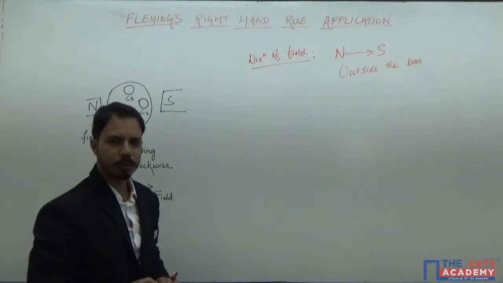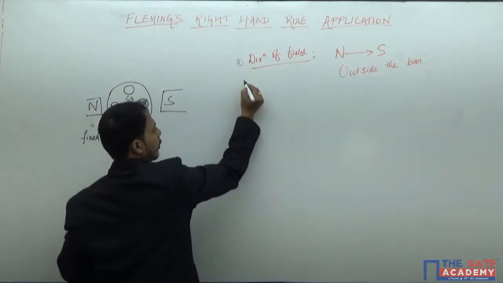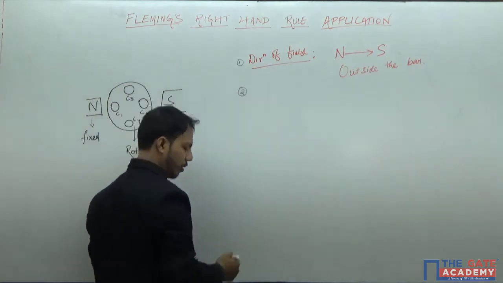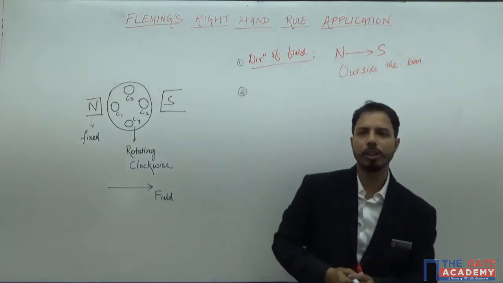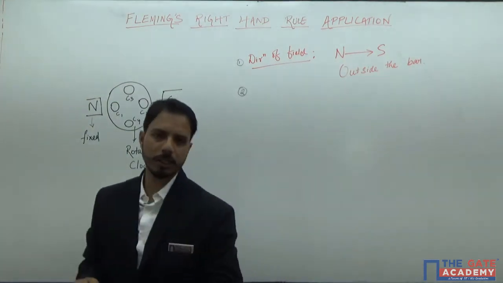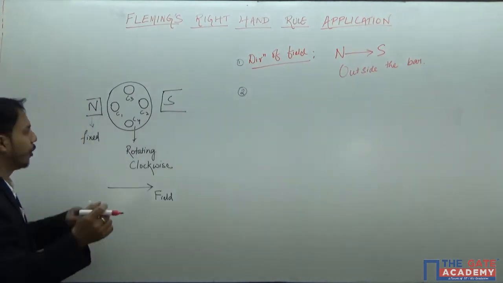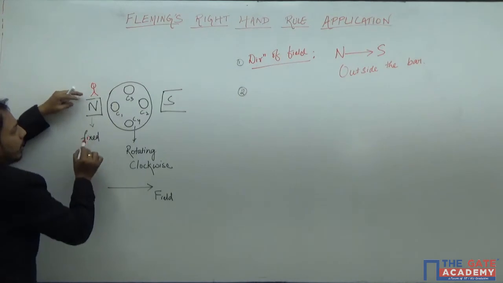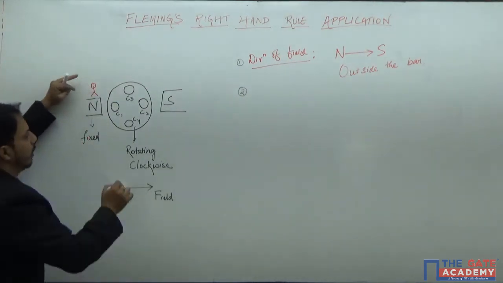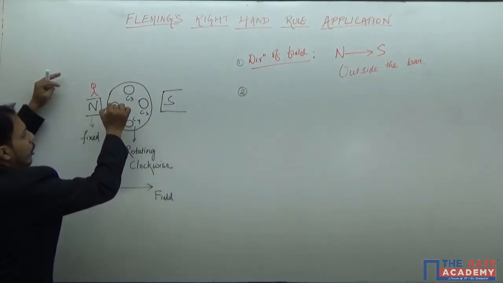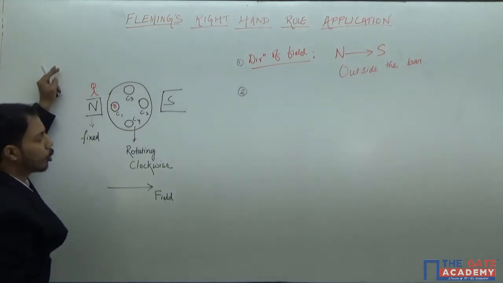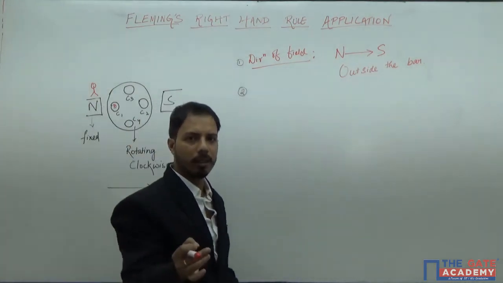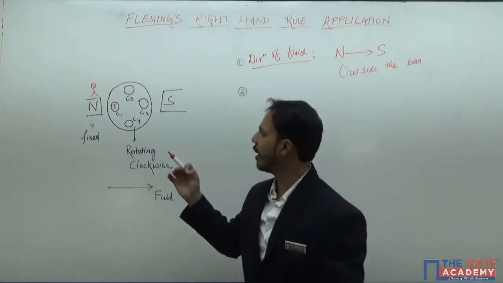Now the next thing is the direction of motion of the conductor. With respect to the field, if a person sits here, he will see that this conductor is rotating clockwise. So we will take the instantaneous direction.